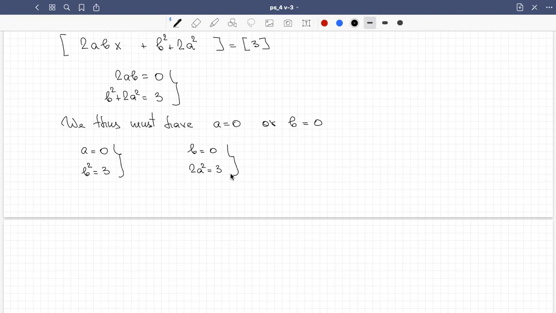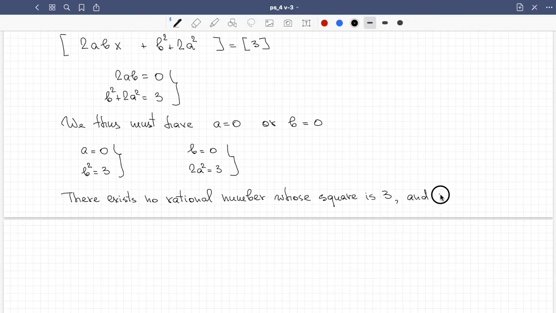Now, there exists no rational number whose square is three, and no rational number whose square is 3/2.